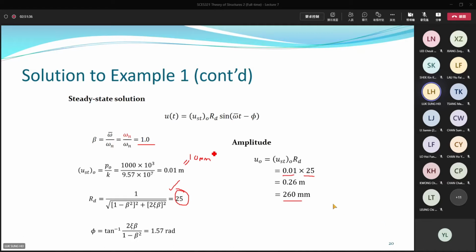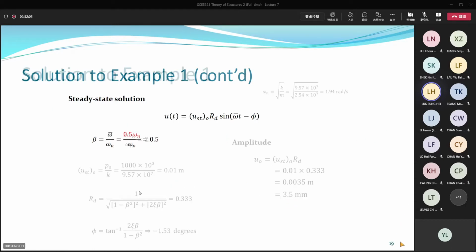When you consider static, 10 mm; dynamic, 200 something. So you can see that if your design ignores the dynamic effect, sometimes you may see a big difference in terms of your analysis results. In this example, we have a big amplification effect at resonance because we have small damping.